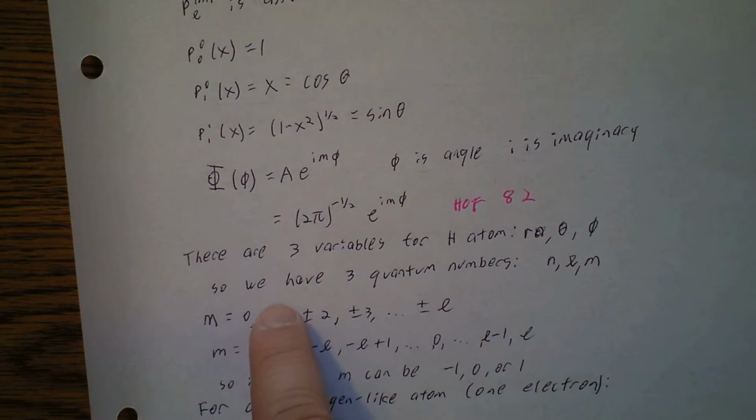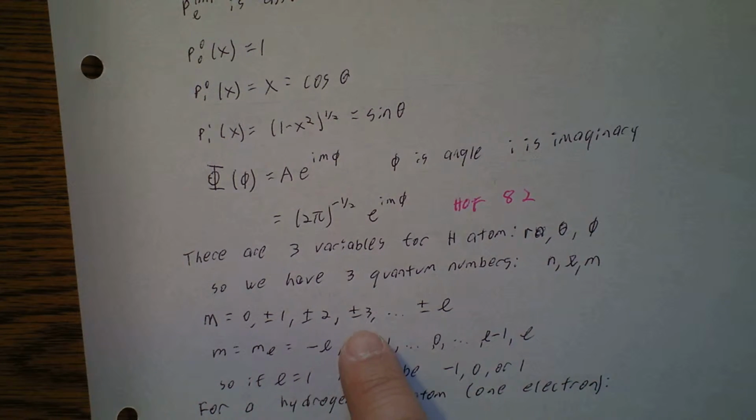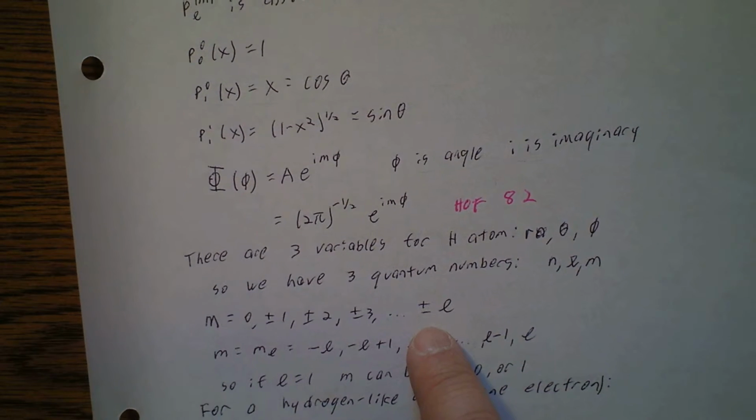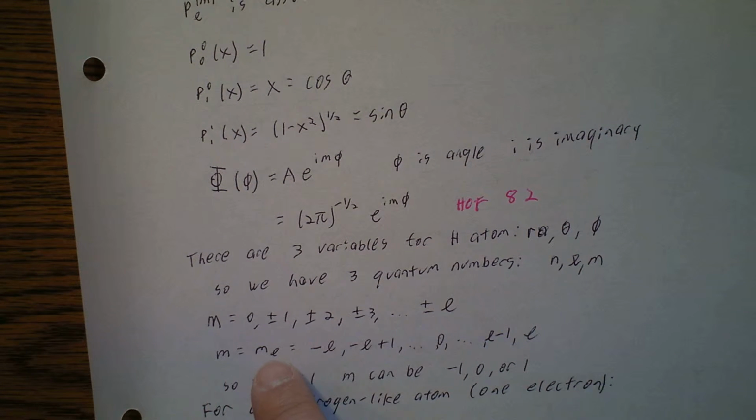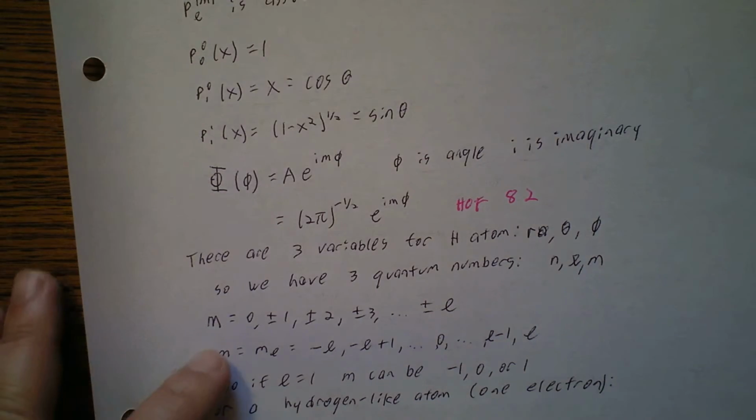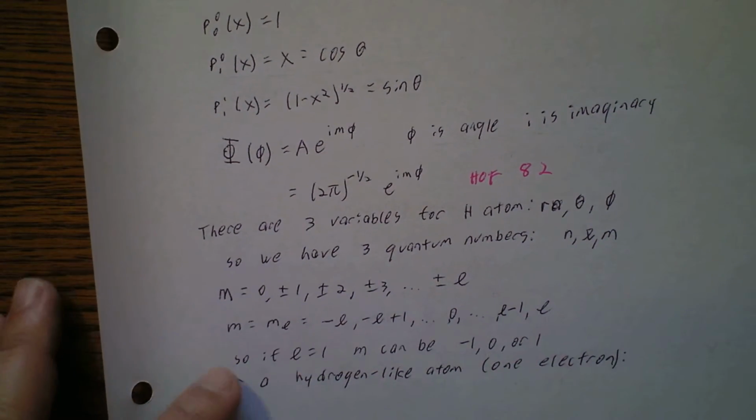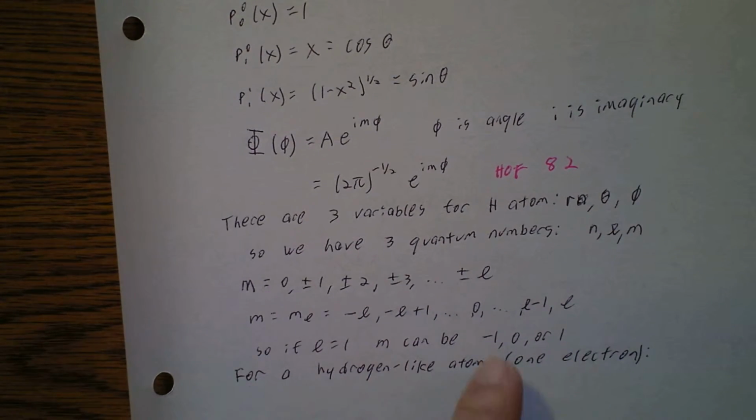So that's why we have 3 quantum numbers, n, l, and m. So m can be 0, plus or minus 1, plus or minus 2, plus or minus 3, all the way to plus or minus l. So m sub l is equal to minus l, minus l plus 1, and so on, all the way to l minus 1, all the way to l. That's another way to write it, because m is dependent on l. So if l is equal to 1, m could be minus 1, 0, or 1.